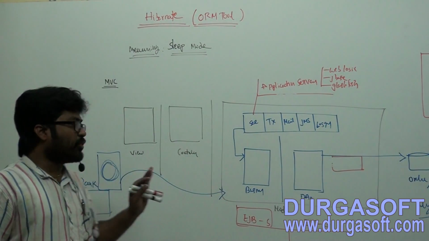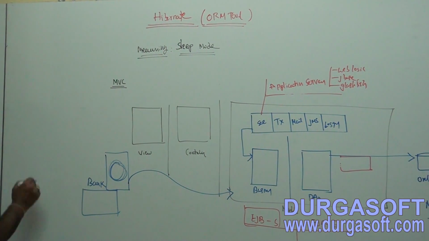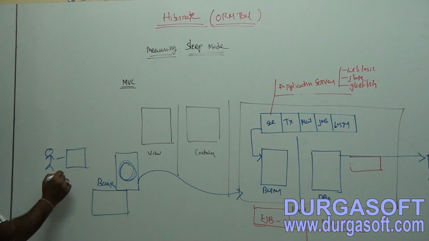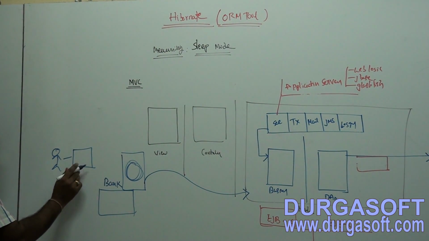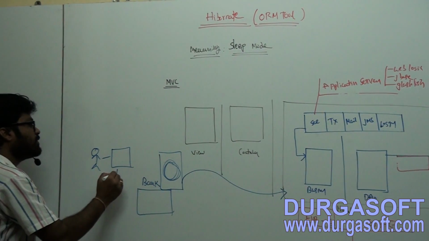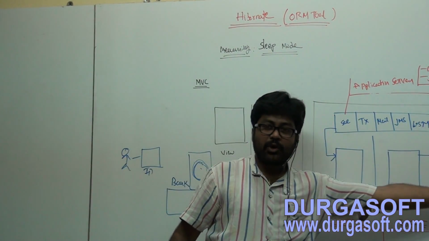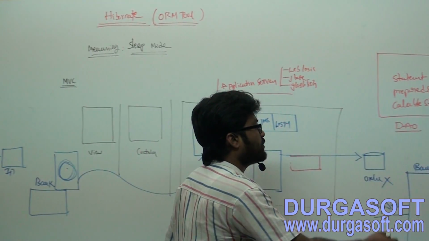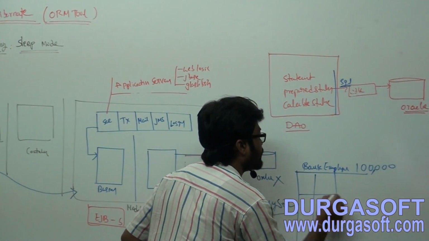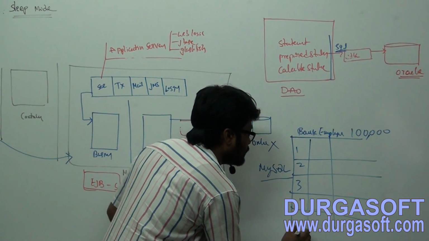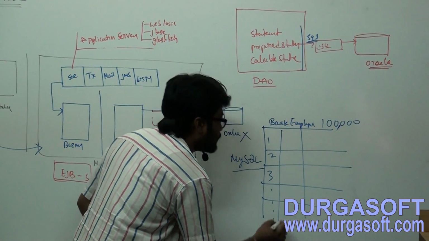So every day these 1 lakh employees try to use swipe cards or scan cards. When they scan their IDs, this machine needs to check the employees table data, whether the user ID and password are correct or not. Let's say you have 1 lakh employees' data here.